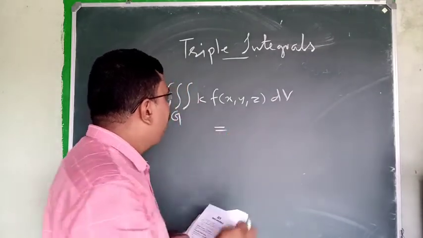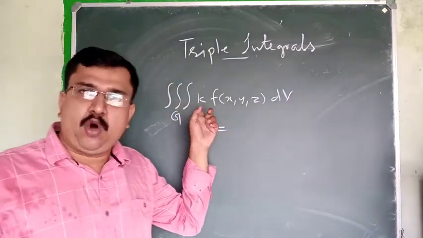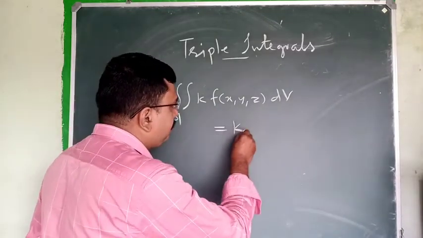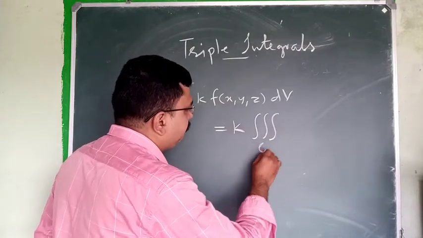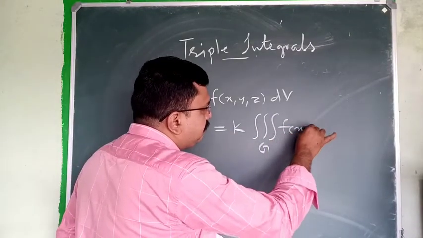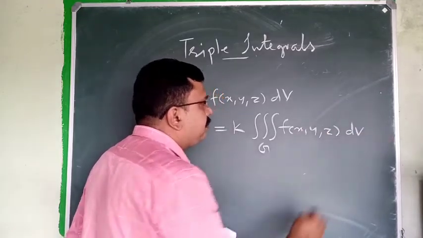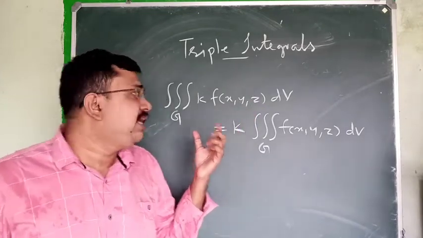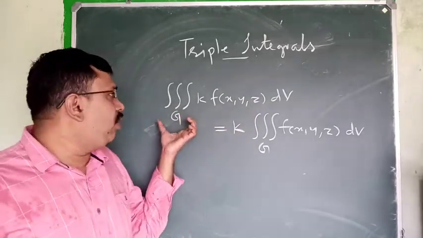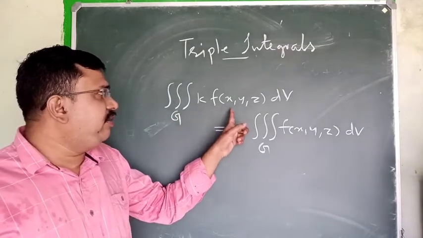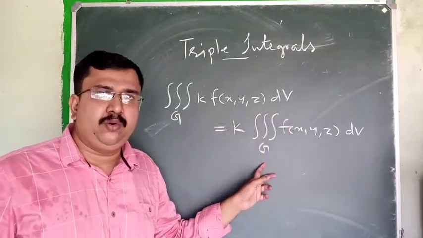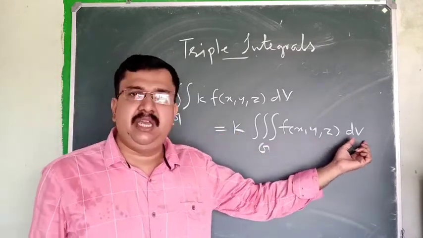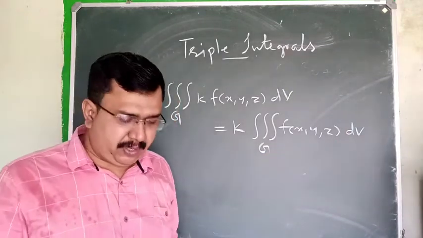First property: if k is a constant and f is a continuous function, then the triple integral over G of k into f(x, y, z) dV is equal to k into the triple integral over G of f(x, y, z) dV. That is our first property.